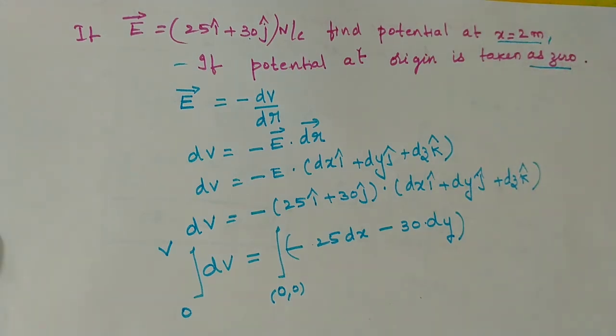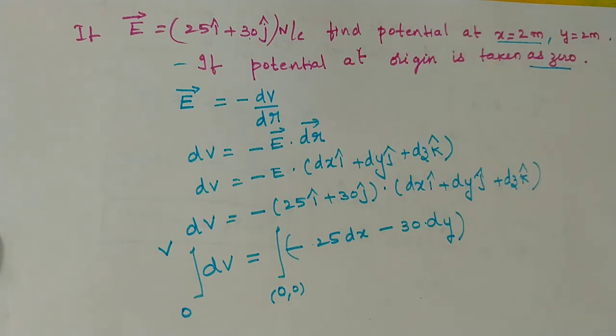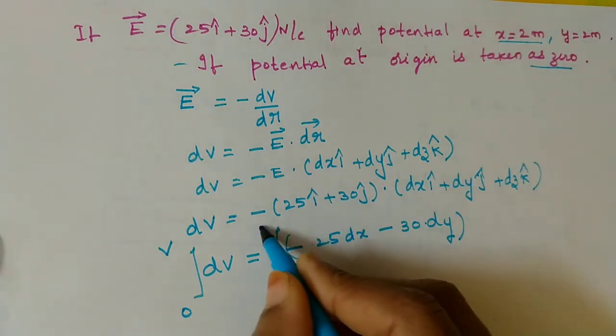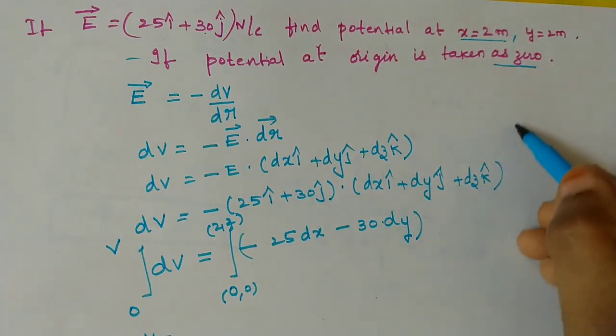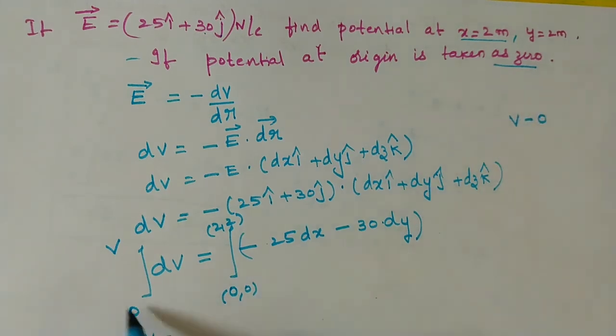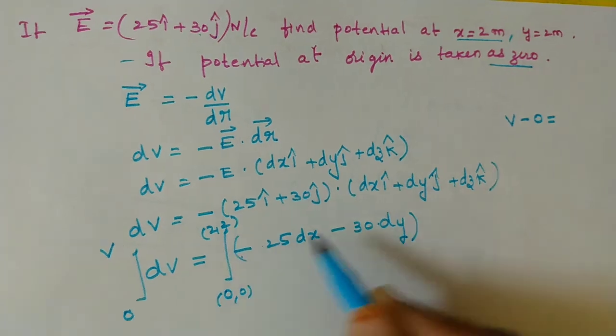Okay, so the data is missing. Y is also given as equal to 2 meter. So the upper limit would be 2, 2. Or V minus 0, upper limit minus lower limit, would be minus, I am writing outside.